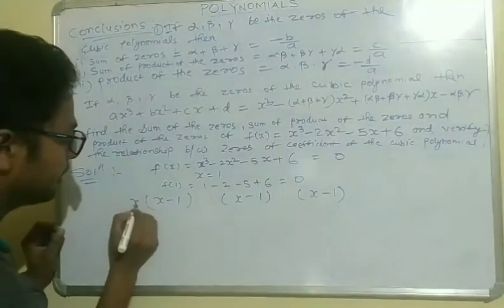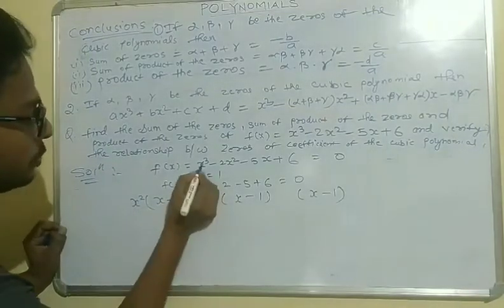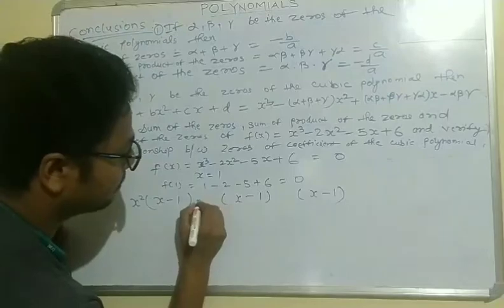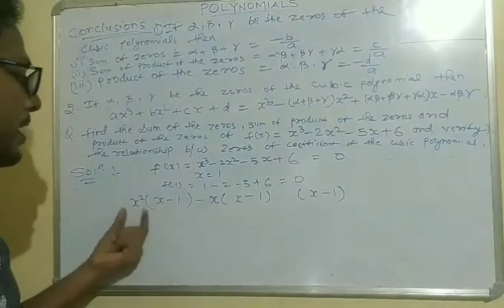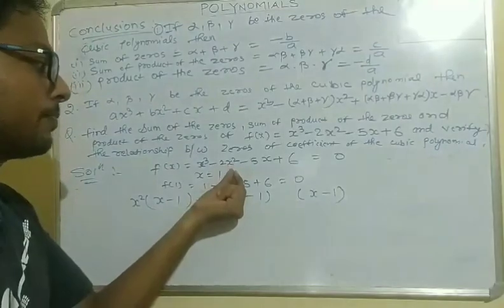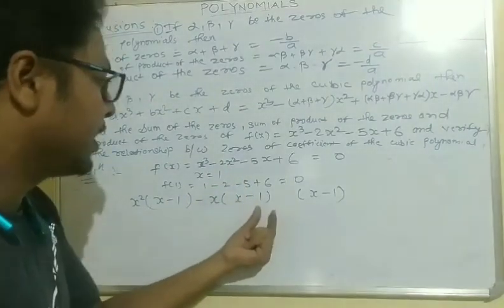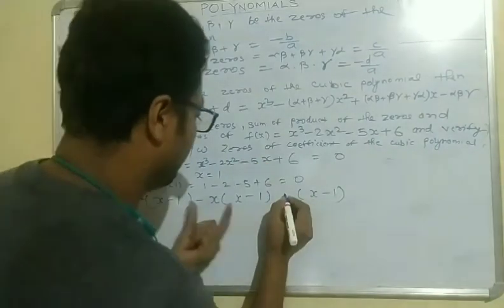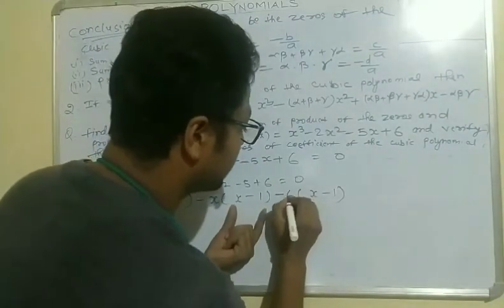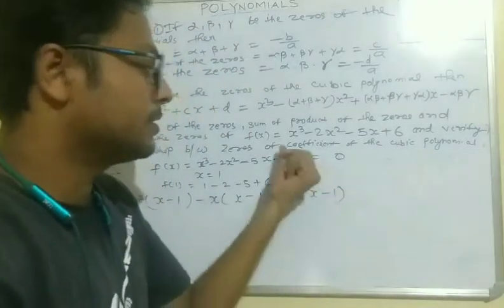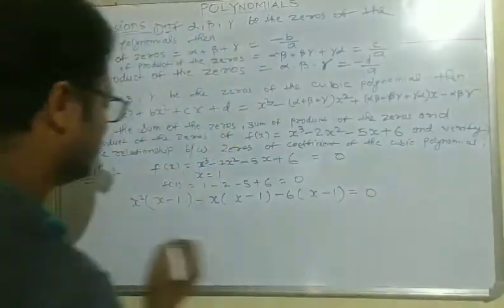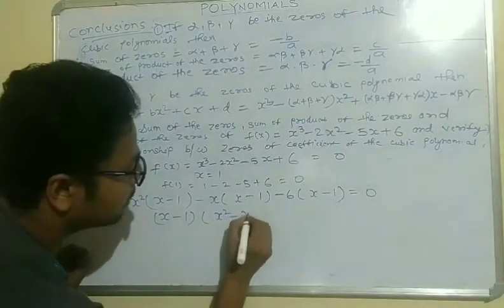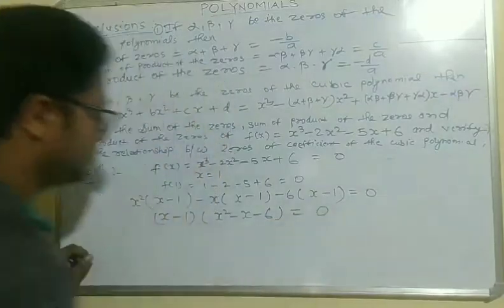Dividing, I get x square minus x minus 6 equal to 0.